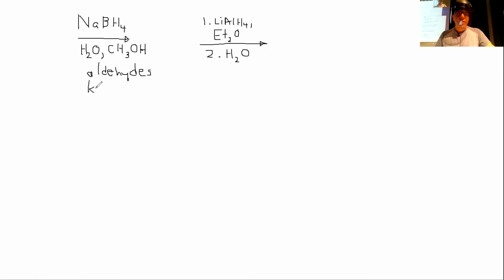Ketones. And indeed, lithium aluminum hydride also reacts with aldehydes and ketones. Same exact result. Either of these reagents will reduce an aldehyde to a primary alcohol or a ketone to a secondary alcohol.